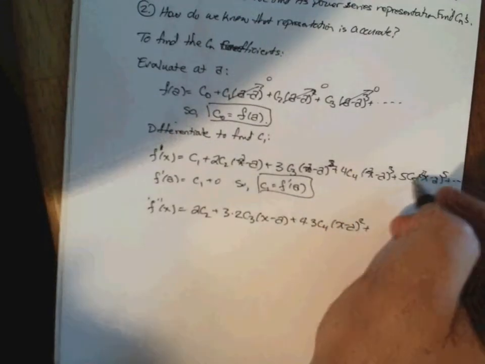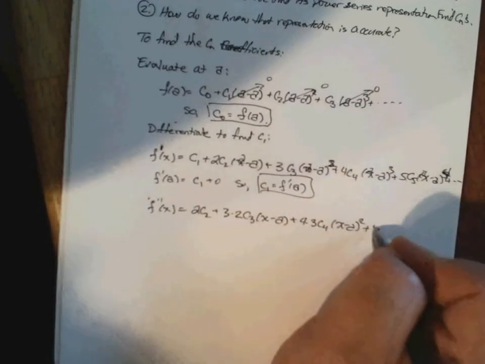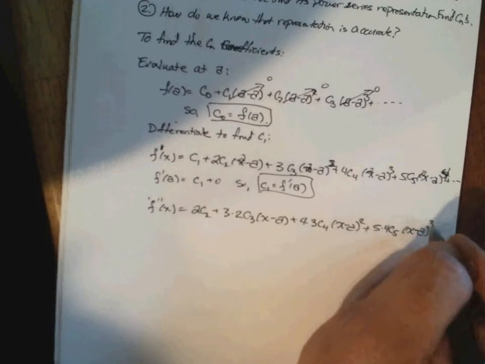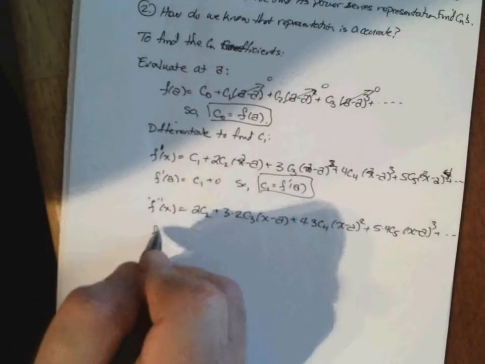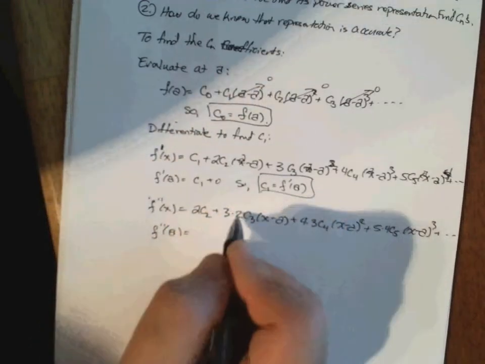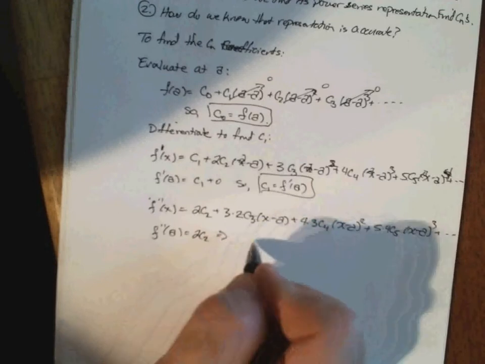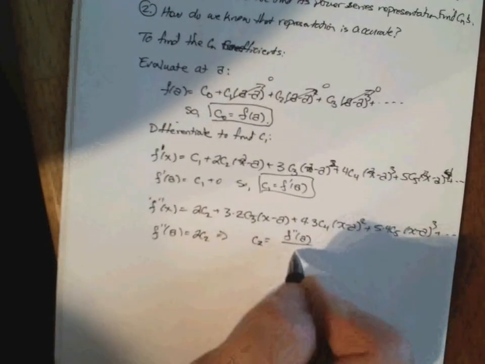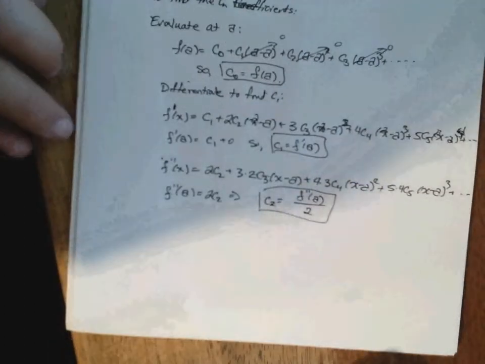The 5 comes, sorry, that's a 4. I messed a few of those up. 5 times 4c5 times (x minus a) cubed, and so on. And evaluate this at a. All these terms go away. You're left with 2c2. So now you know c2 is the second derivative of the function evaluated at a divided by 2.